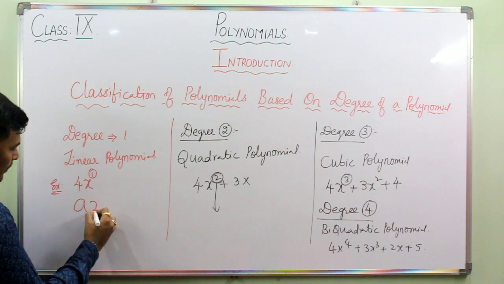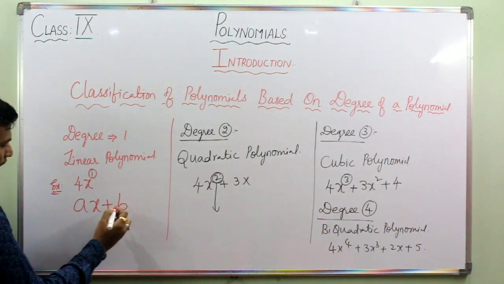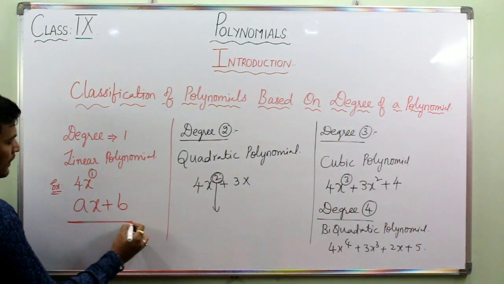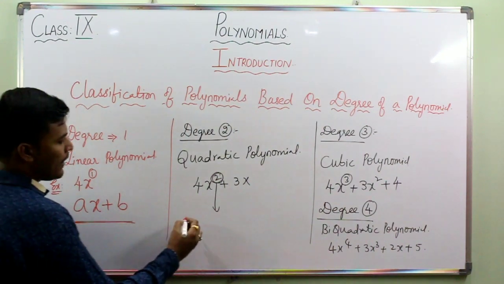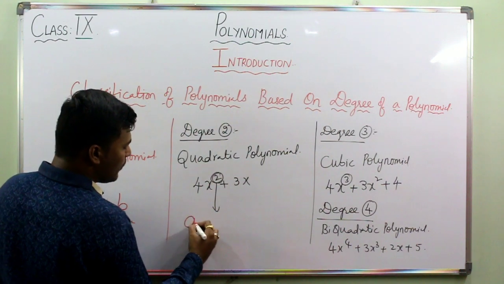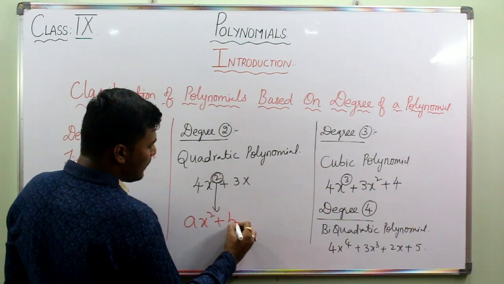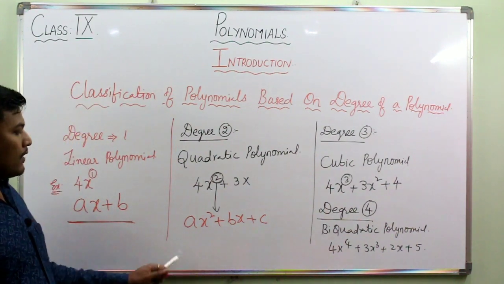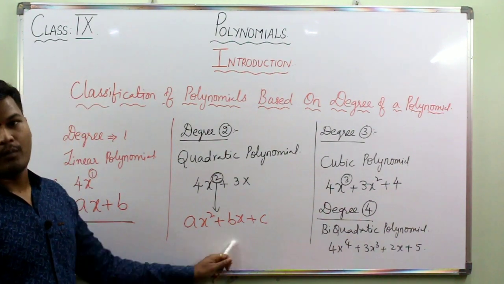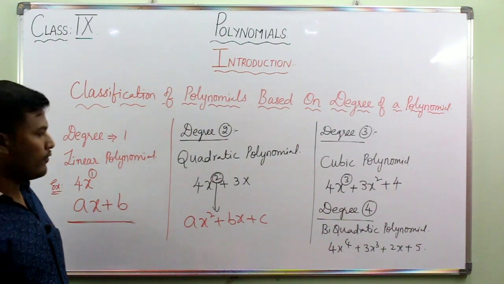Now let us see the general form of the linear polynomial. The linear polynomial will be in the form of ax plus b. The general form of a quadratic polynomial is ax square plus bx plus c, that is a quadratic polynomial of degree 2.